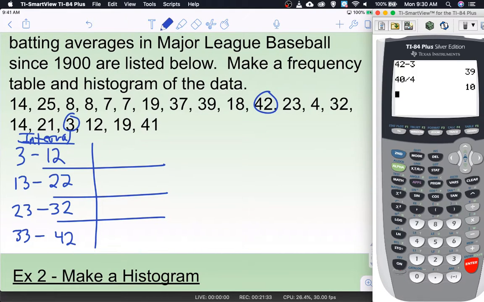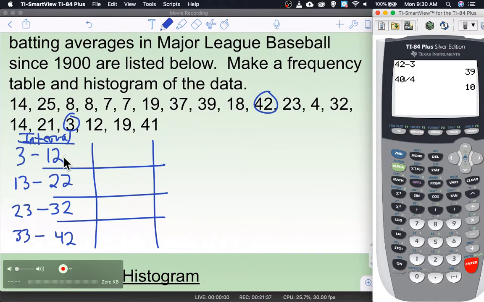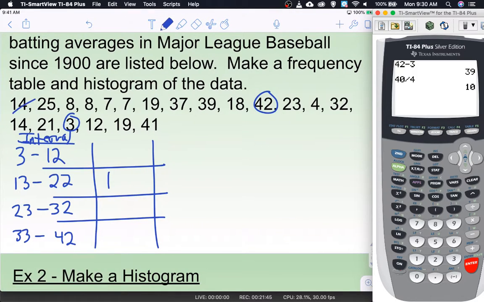Now, from here, I'm going to make a quick little tally chart. I'm just going to quickly record which interval each of these numbers falls in. So 14 falls in there. 25 falls in there. 8, 8, 7, 7, 19, 37, 39, 18, 42, 23, 4.